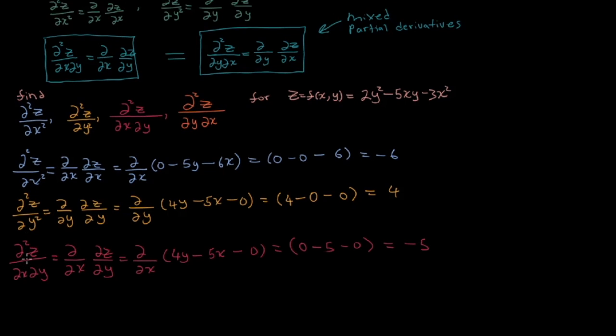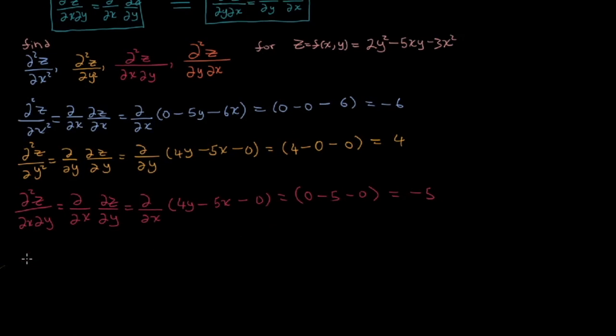So I'm going to scroll up just a tad bit more. Okay, so we get this function here. So we have del squared z by del y del x, which is equal to del by del y of del z by del x.